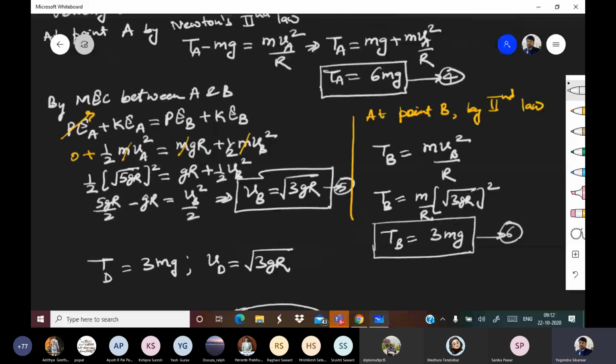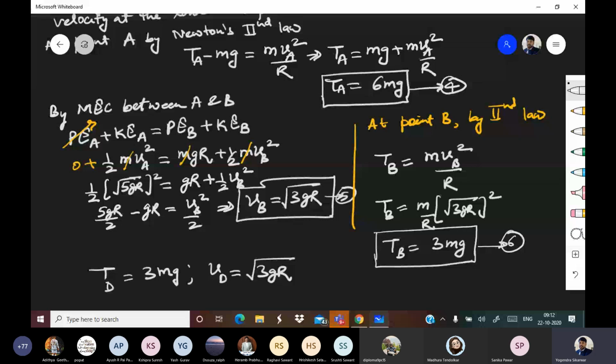I have only written TD is equal to 3 mg and VD is equal to root of 3 GR. Only that much I have written.